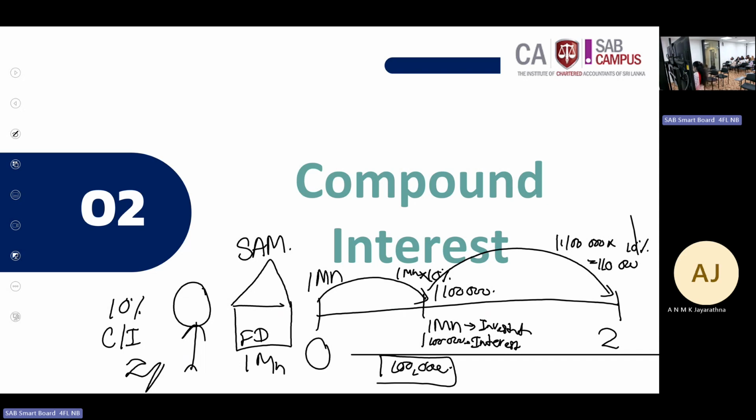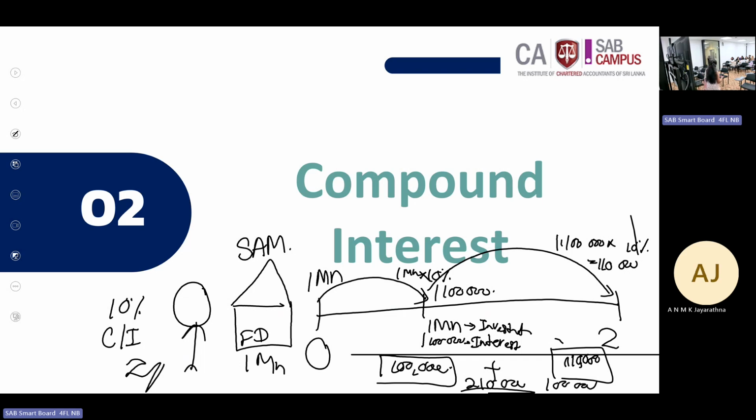At the end of the second year, the 2-year period, what would be the total interest? 100,000 plus 110,000, a total of 210,000. But with simple interest, it would be 100,000 for this year and again 100,000 for the second year, not 110,000, so totally 200,000.